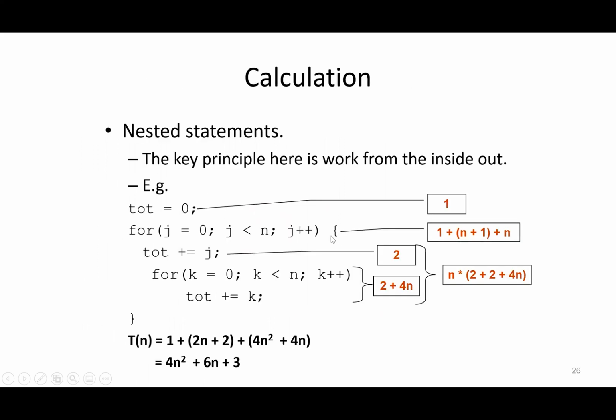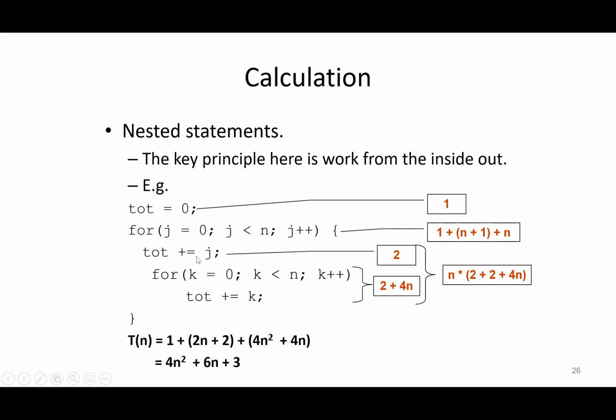Okay, if you have a nested for loop, based on our previous for loop, you can just use the same concept to calculate. For example, if this is our code here, before the for loop, we have this assignment operation, total equals 0. So this one only requires 1 step, right?